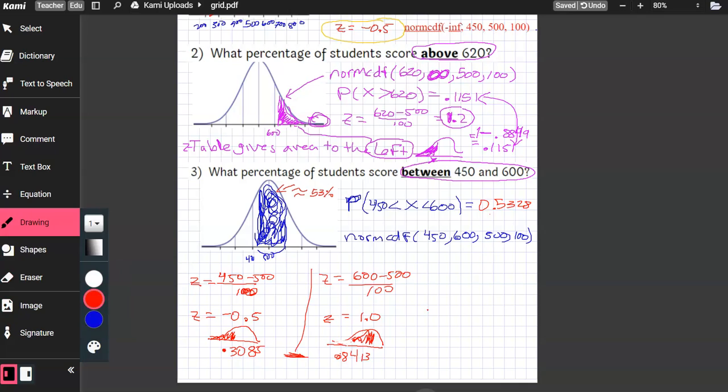So if I subtract them, 0.8413, which is the whole thing up to a z-score of 1, minus 0.3085, that should be about 0.5328. So that's the same work as the calculator command.